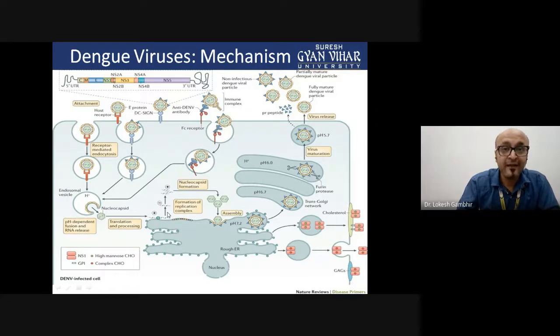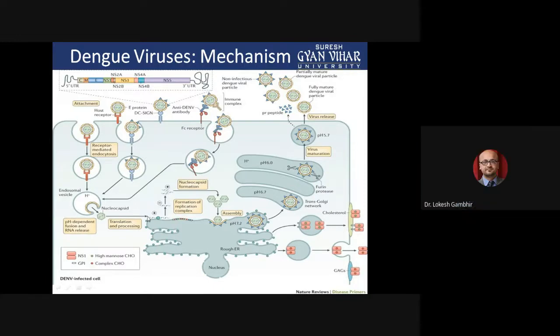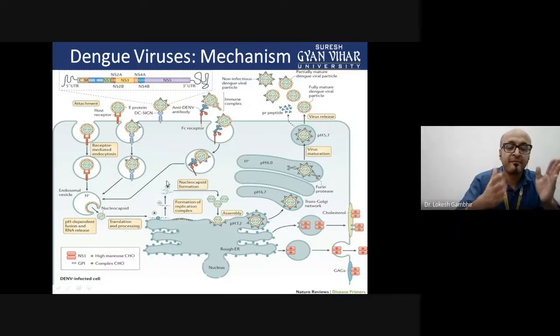And then it will utilize this negative sense RNA to make multiple copies of plus strand RNA. So you see, from plus to minus, and then from minus to multiple copies of the plus. This is how the replication is going about, mediated by the RNA dependent RNA polymerase, which is coded by the virus.